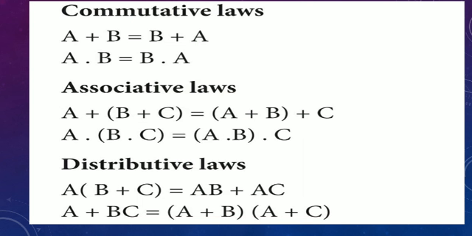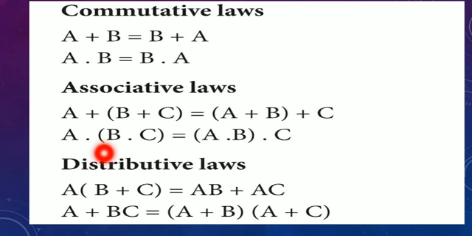I'll tell you these separately. See, the first one is commutative law. Commutative law is nothing but a plus b is equal to b plus a, and a dot b is equal to b dot a. This is which law? Commutative law. And next one is associative law. The associative law is nothing but a plus b plus c, which is equal to a plus b plus c.